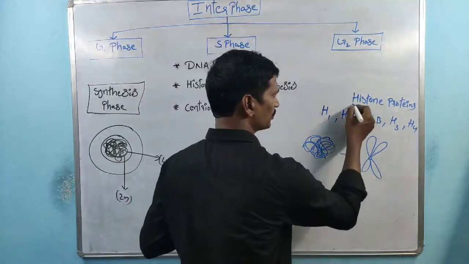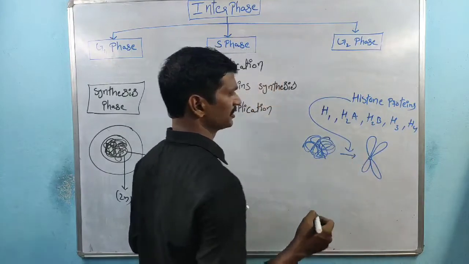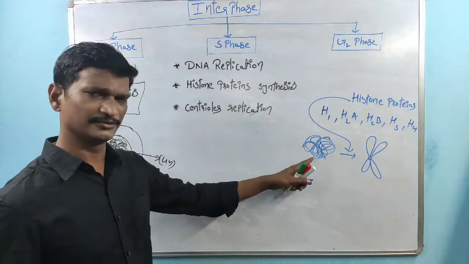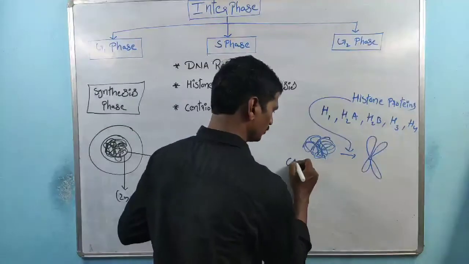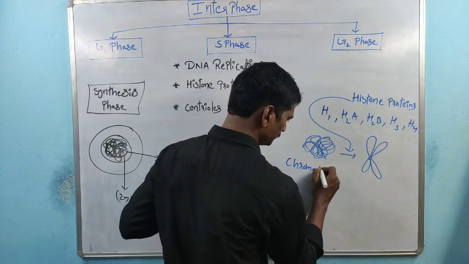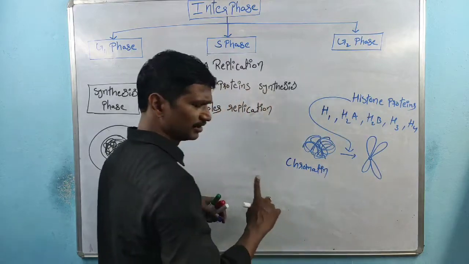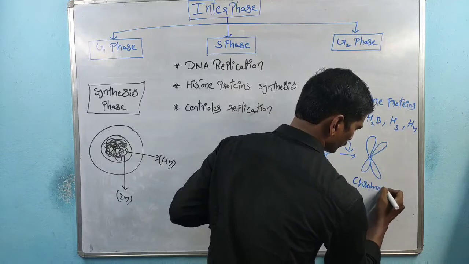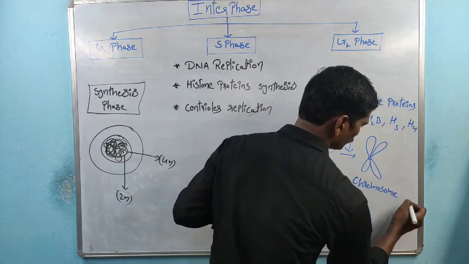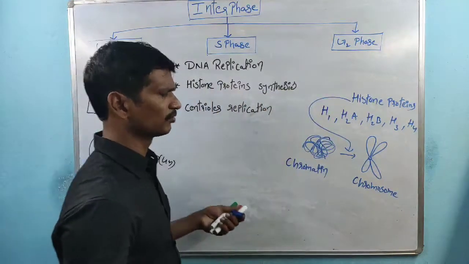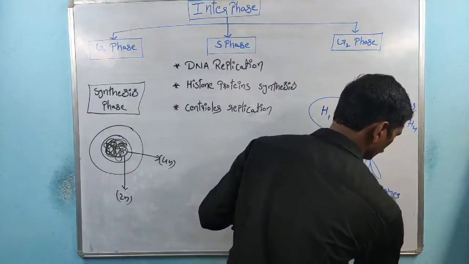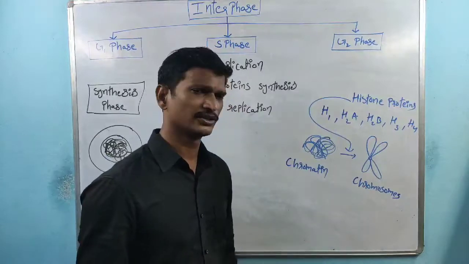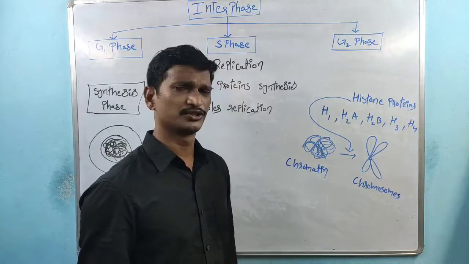In the presence of histone proteins, the DNA content is in a state called chromatin. Chromatin is converted into chromosomes, carried out by the histone proteins.